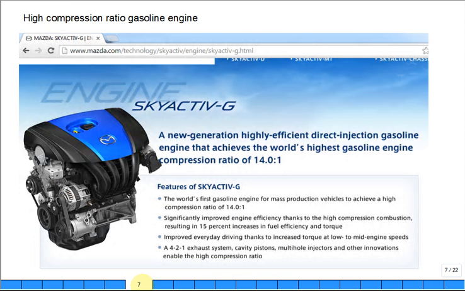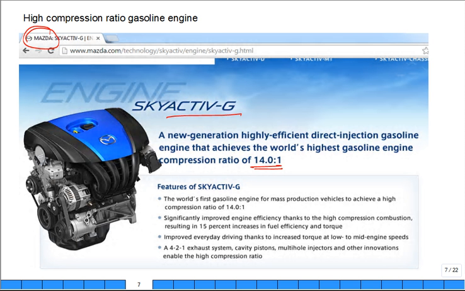Also, I thought, what's the highest compression engine available commercially in a vehicle today? And it looks like on a Mazda, this engine, which is a 14-to-1. Now, that's not a carbureted, it's not a throttle body fuel injector, not a multi-port fuel injector engine, okay?